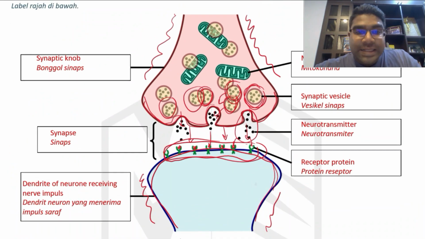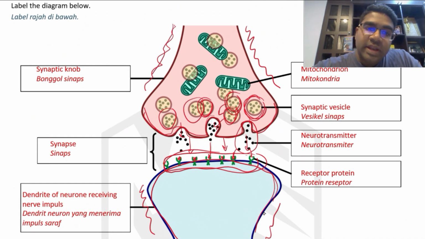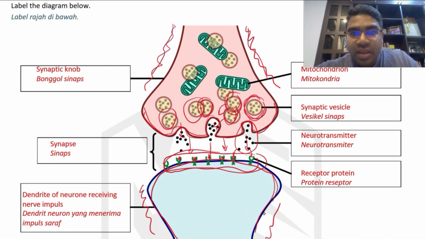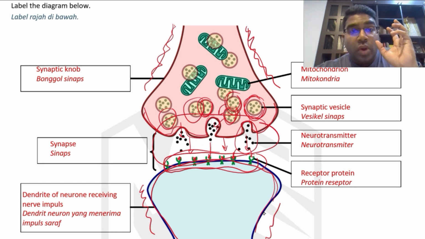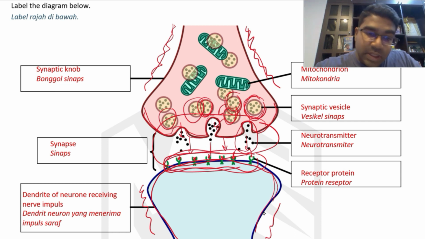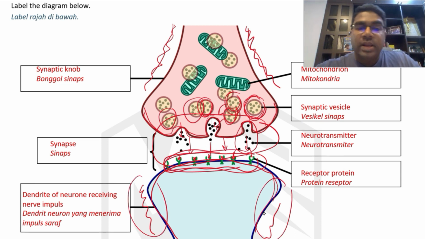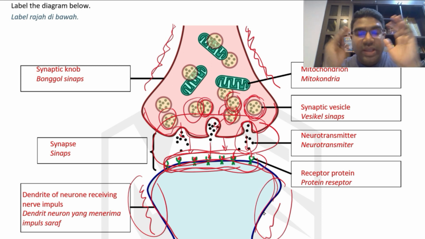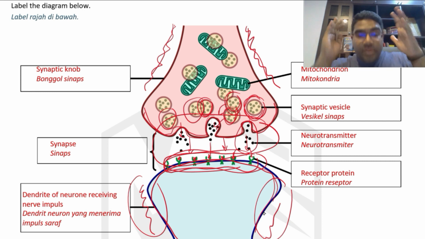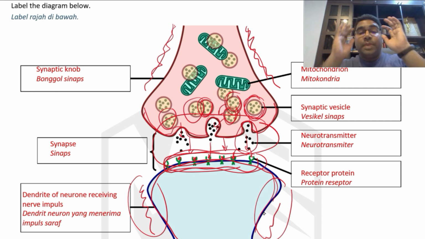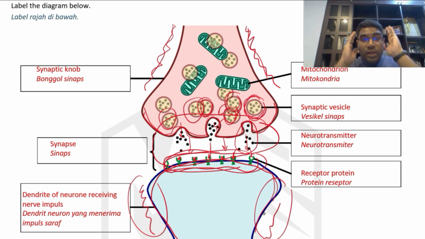So signal dia sampai sini elektrik, it reaches here electric. After that dia tukar menjadi isyarat kimia. It changes to chemical messenger. And then bila dia sampai sini, it goes back to electrical. Dia balik kepada elektrik pula. Okay. So hal ini memastikan bahawa impuls saraf hanya boleh bergerak dalam satu arah saja.